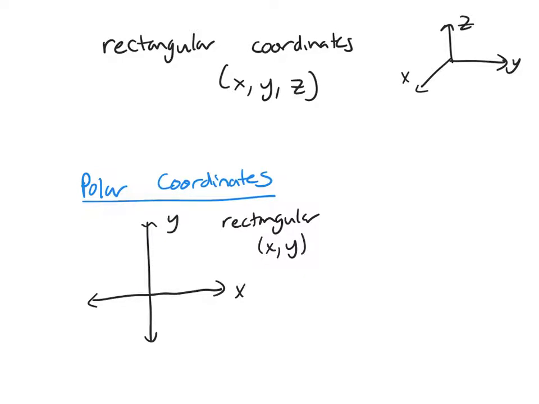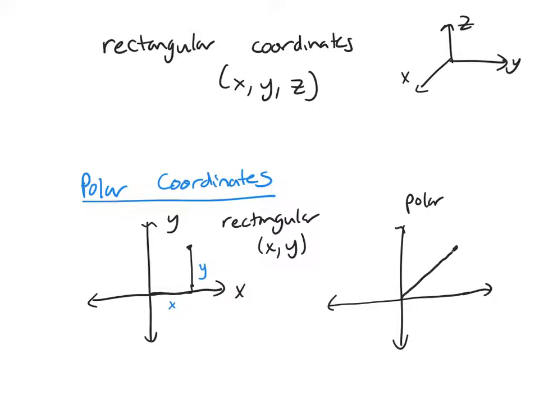But then we have polar coordinates, and we can represent a point not as x, y, but instead, if I have a point, so here's my point, before we represented it with this distance x and this vertical distance y, but now I represent this point with the distance from the origin, we call that r, and then the angle between that line segment and the x-axis, and that's called theta.